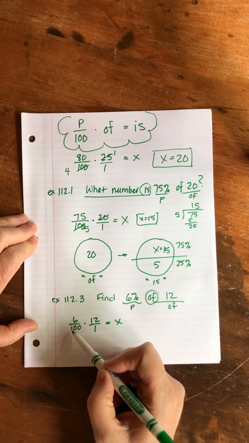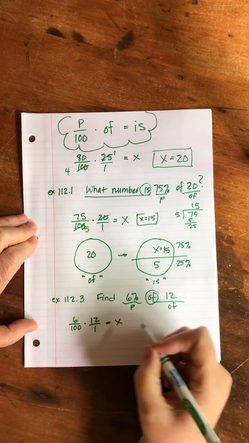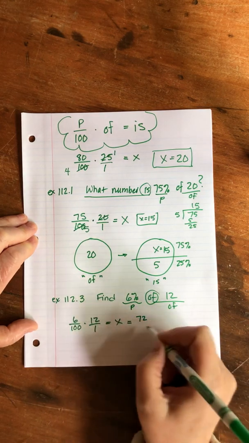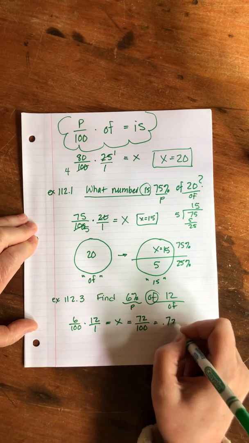There's a lot of ways we could tackle this. John changes it to a decimal number. Let's just do that. You wouldn't necessarily know to do this. 6 times 12 is 72 over 100, which equals 0.72.